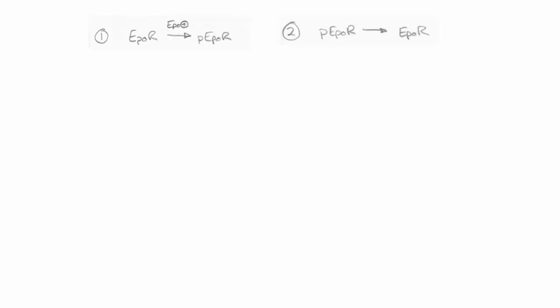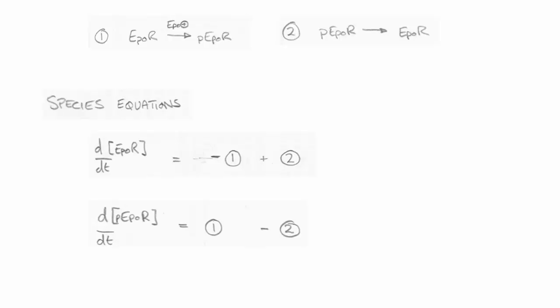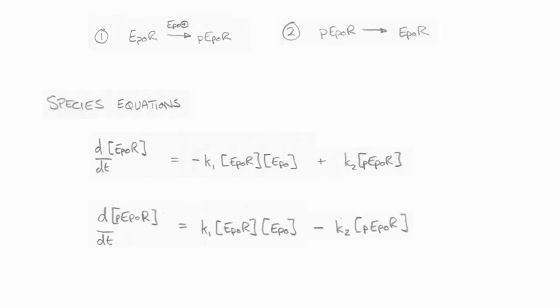In our MATLAB code though, we need to model the rate of change for each species, not just a process. So we need to write down the rate of change of unphosphorylated EPO receptor and the rate of change of phosphorylated EPO receptor. Here I've written them in terms of the processes, and then I can replace that with the exact expressions that we've got on the previous page.